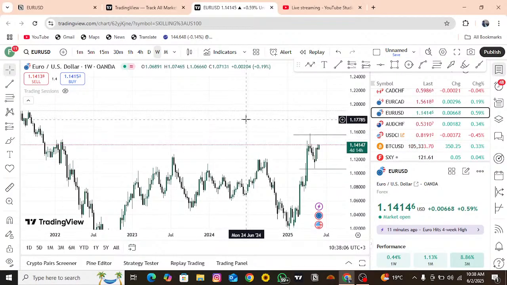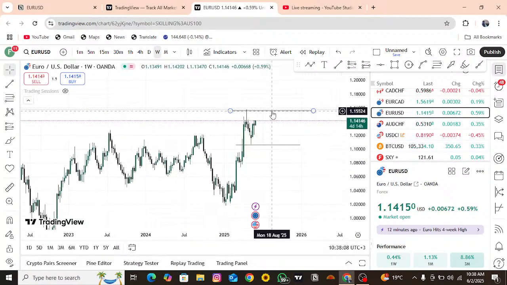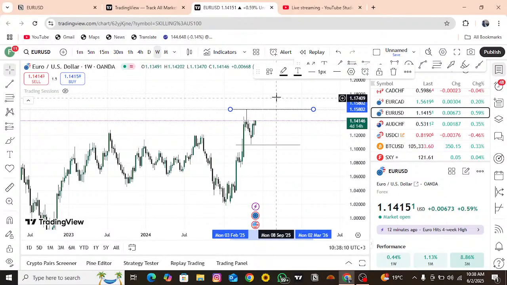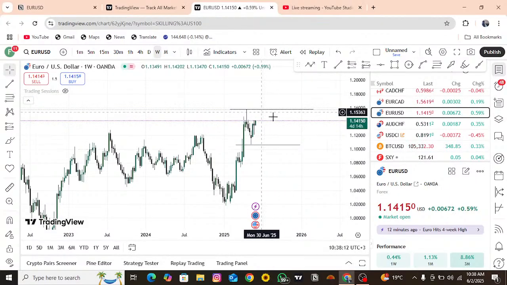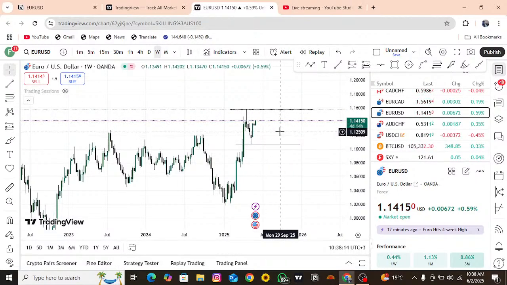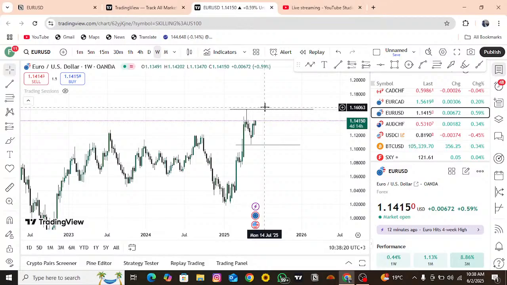So same thing in the weekly, not much difference. We were very bullish, and I think this zone here is acting as a very good target liquidity for the price. I can clearly see price willingly coming to collect this liquidity. So this one automatically becomes my draw on liquidity.